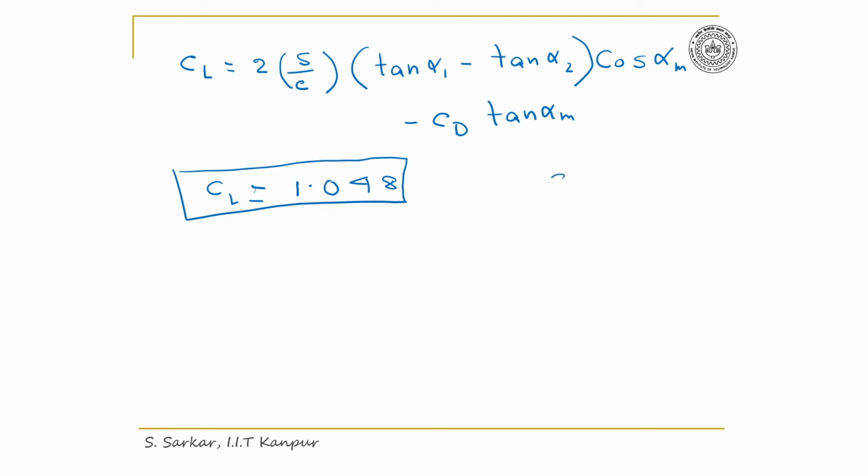Look, for the problem CD by CL is much less than 1. Thus we can use the relation for blade efficiency eta B is equal to 1 minus twice CD divided by CL into sine twice alpha m.